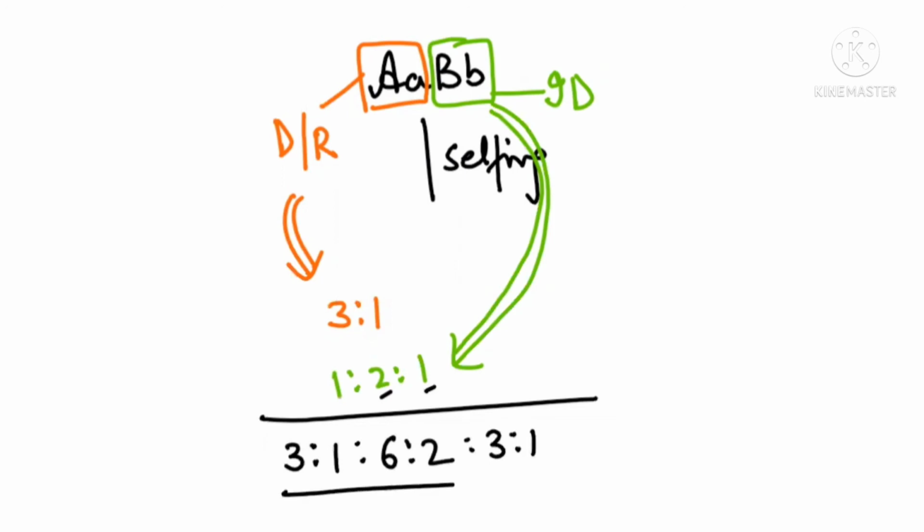So your phenotype ratio will be 3:1:6:2:3:1. Is it clear? This applies when they ask a dihybrid cross in which one allele pair is showing dominance and the other allele pair is showing incomplete dominance. So this is one question which I tried to give you based on both types of interactions.